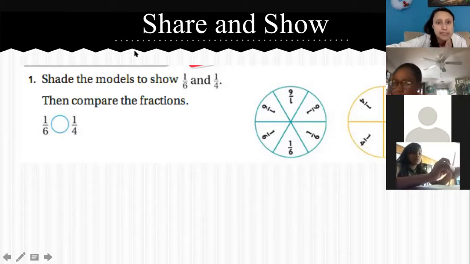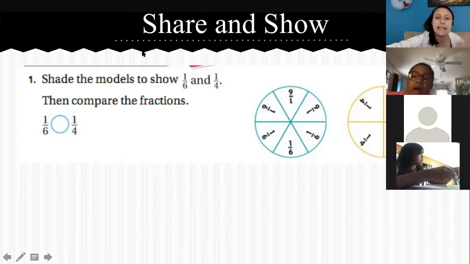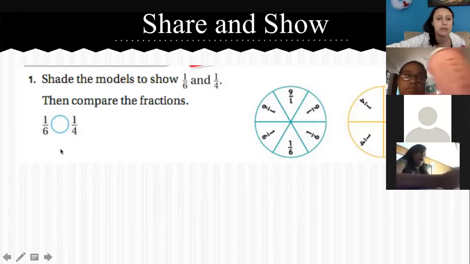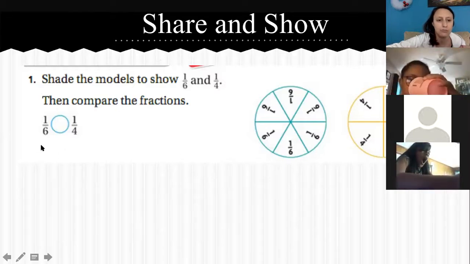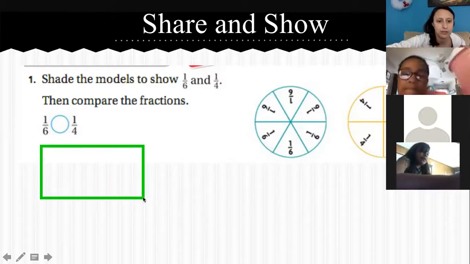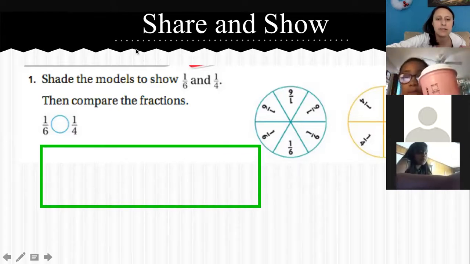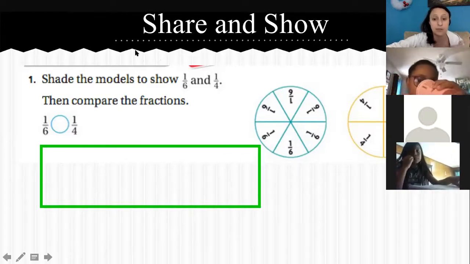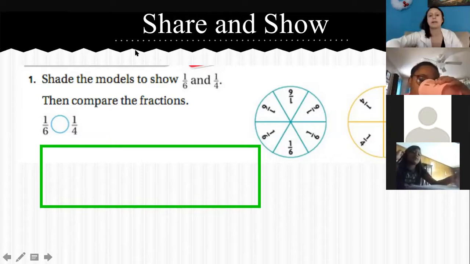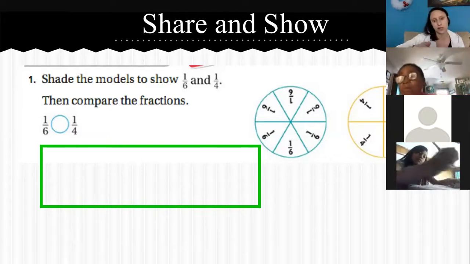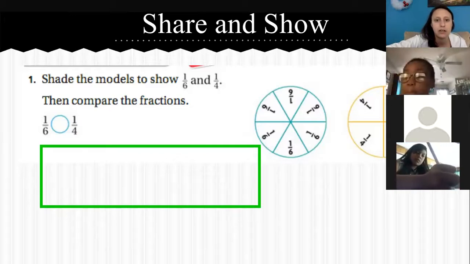So let's look at this. The easiest way I know how to show you to do this is you've got to make both of them, okay? So I'm going to draw me a big rectangle. All right? And I'm going to divide this rectangle into 2 smaller rectangles, but I'm stacking them on top of each other because we're comparing like one medium pizza to another medium pizza. All right?